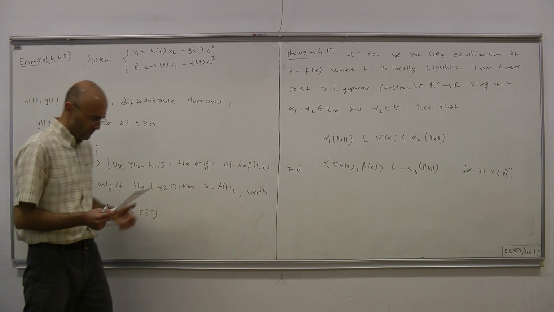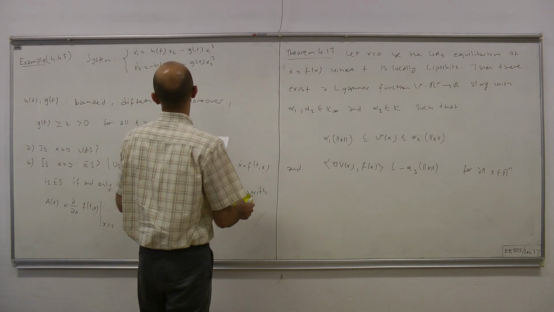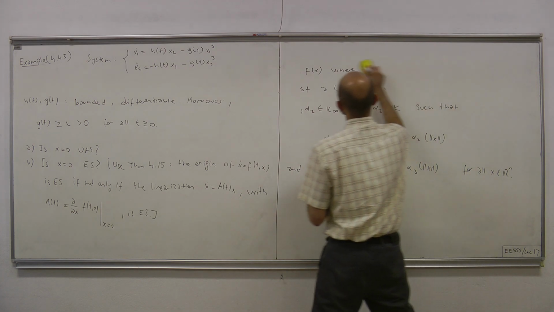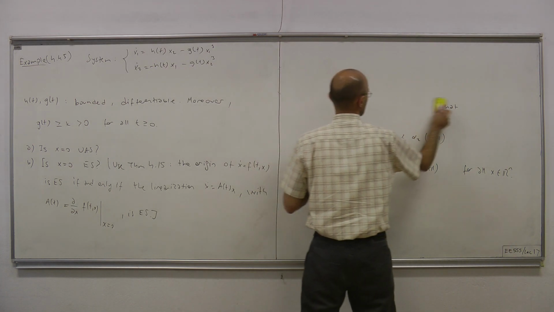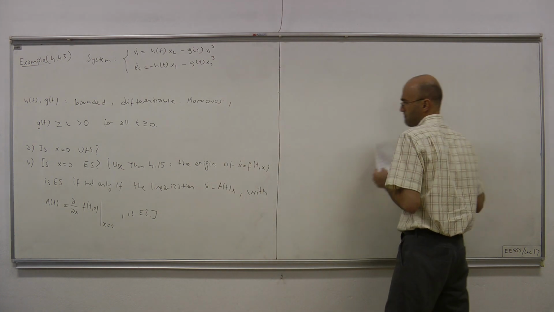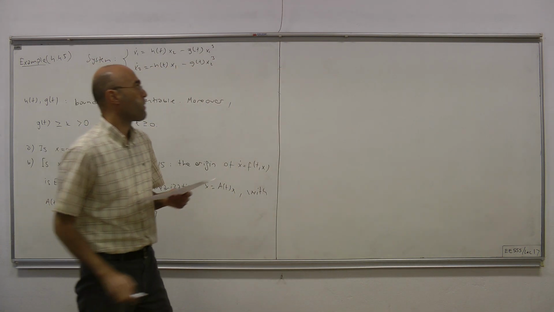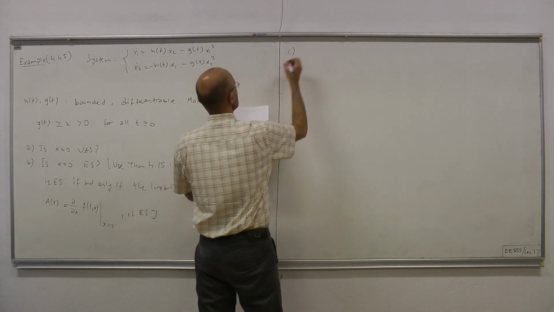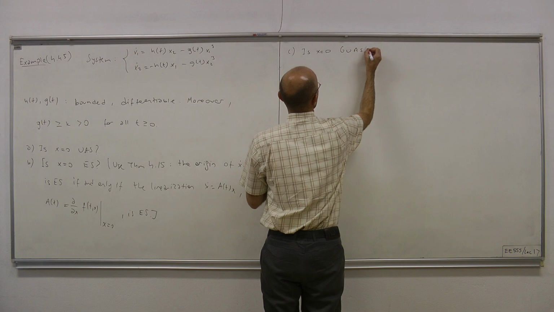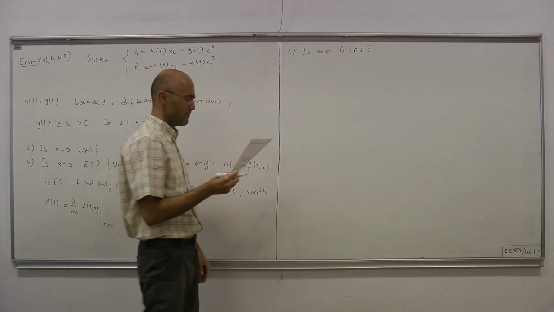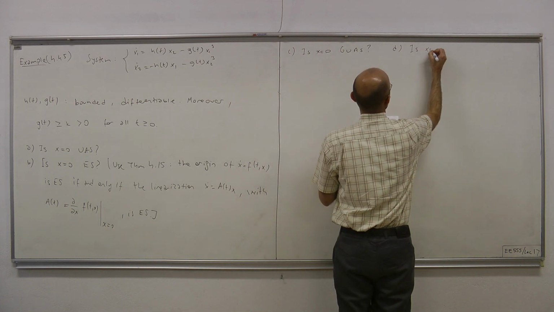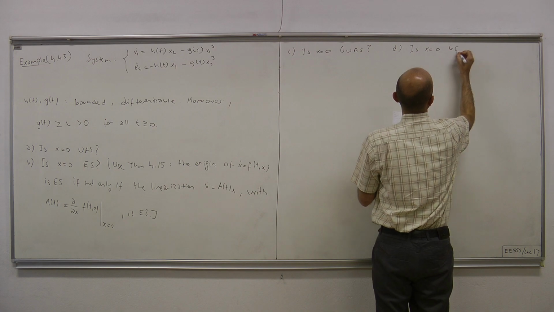Okay, so that's B, and C and D are as follows. C is the origin globally uniformly asymptotically stable. And finally, D is the origin globally exponentially stable.